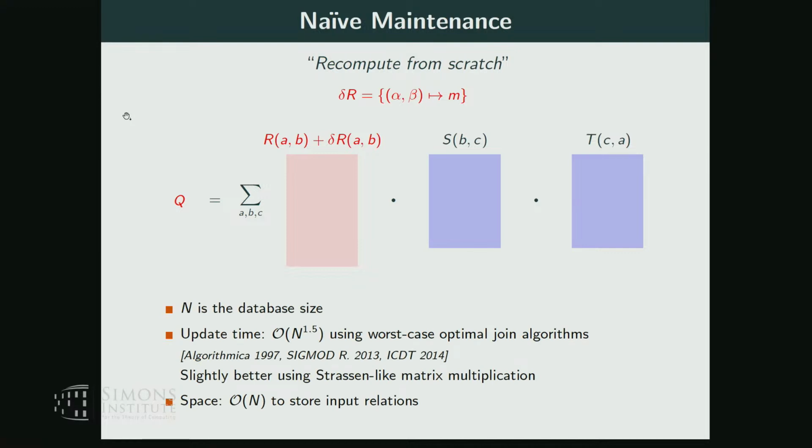If n is the database size, the update time could be n to 1.5 using a worst case optimal join algorithm, but could be slightly better using Strassen-like matrix multiplication, like n to 1.41, if I'm not mistaken, as we saw on slides yesterday. The space remains linear because you just store the input relations.